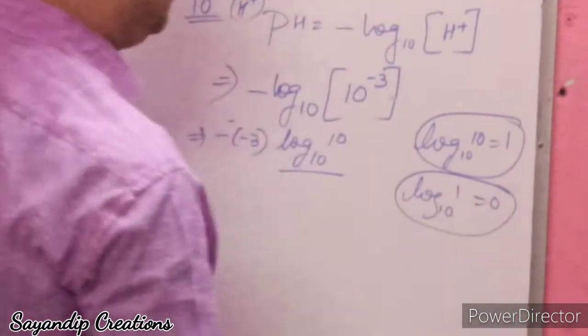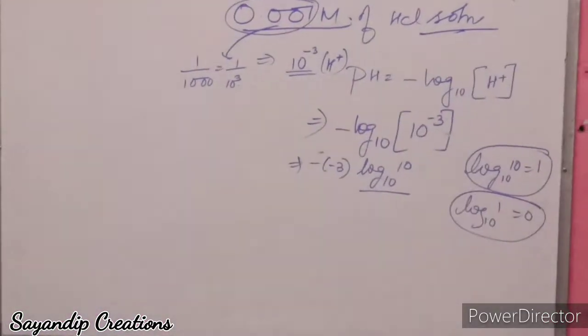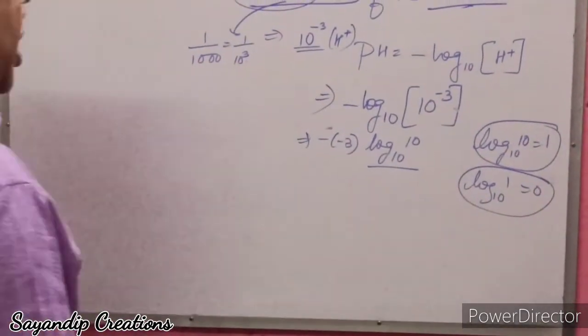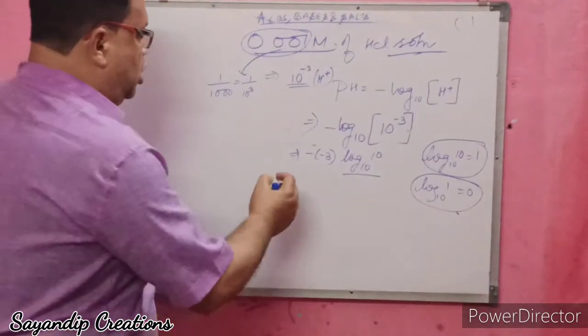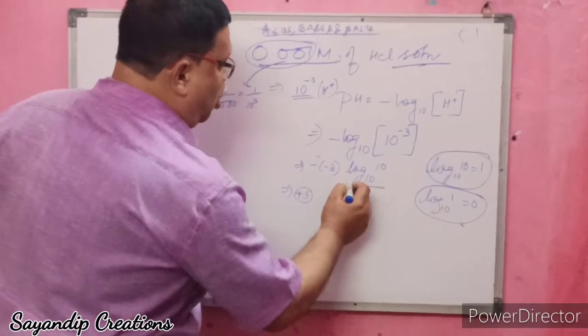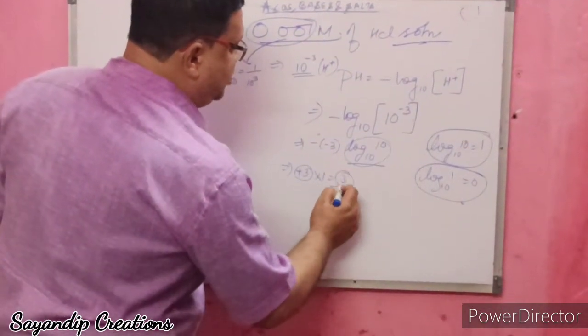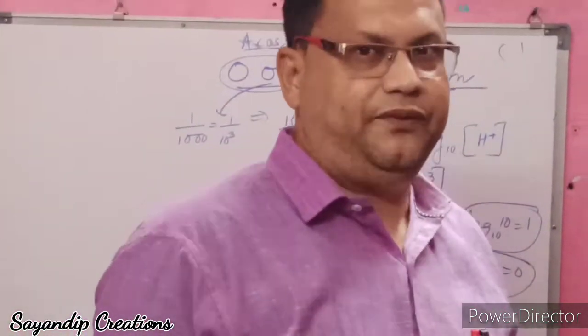These two values, my dear students, you should remember. Is it clear? Now minus of minus 3 is 3, and log 10 base 10 is 1, so 3 into 1. So the pH value is 3.